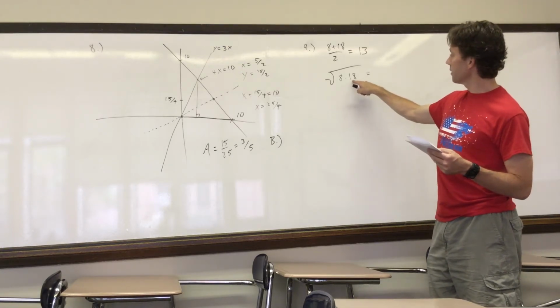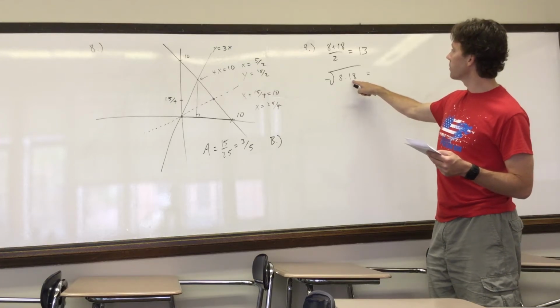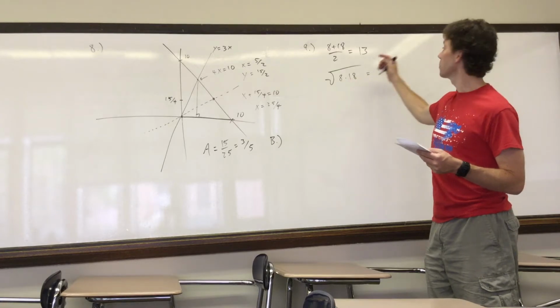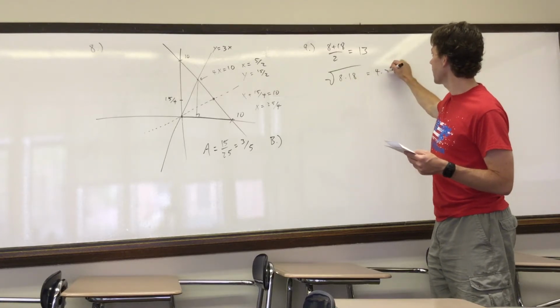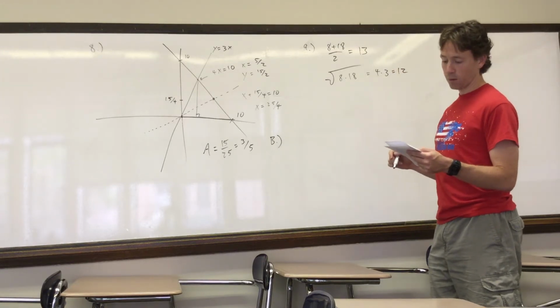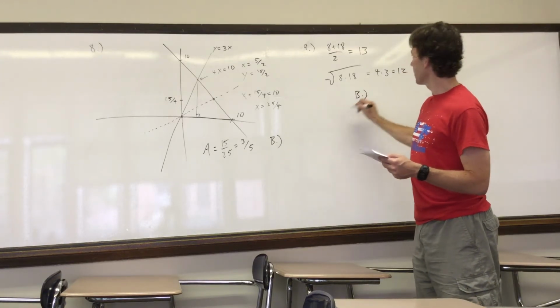So we should recognize that 18 is 2 times 9, and so this is going to be 16 times 9. So the square root of 16 times 9 is 4 times 3, which is 12, and so the arithmetic mean is 1 more. Answer is B.